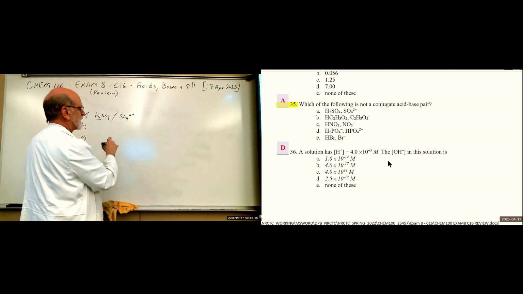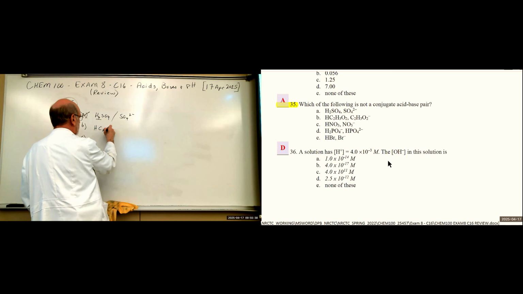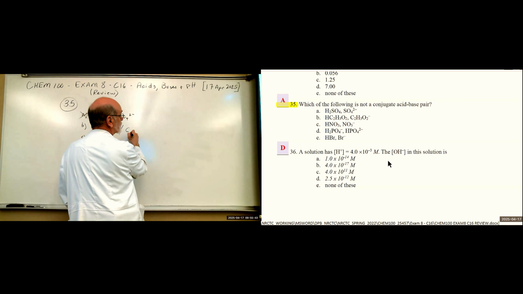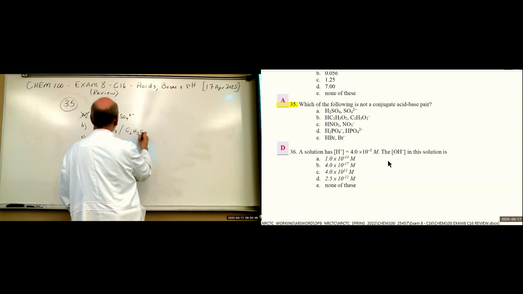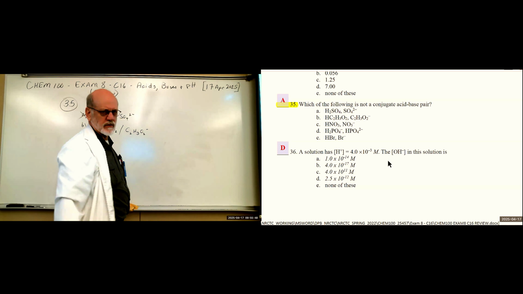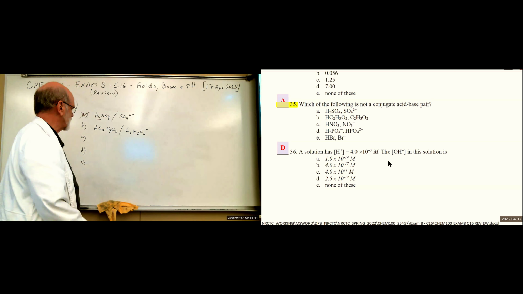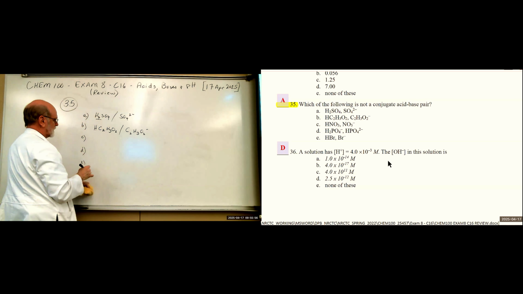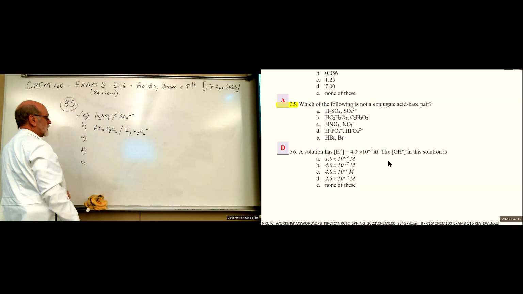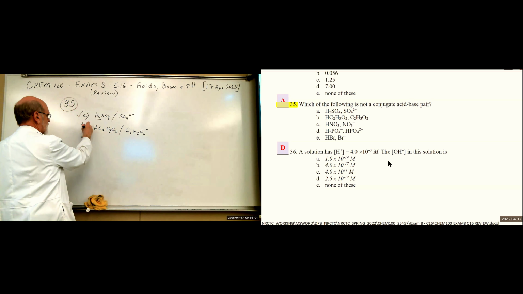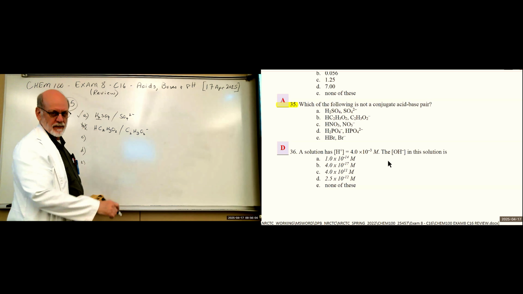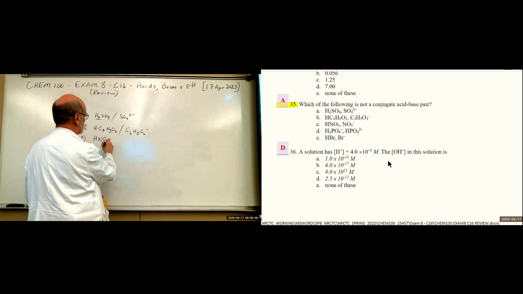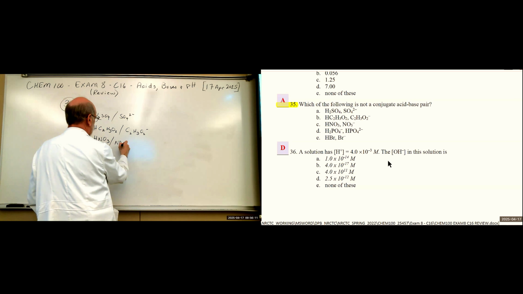How about the second one? All right, acetic acid and C2H3O2. Oh, the question was, which is not a conjugate acid-base pair. All right. Got to read the question. This is not a conjugate acid-base pair. This is acid-base pair. How about this one? HNO3 and NO3 minus.